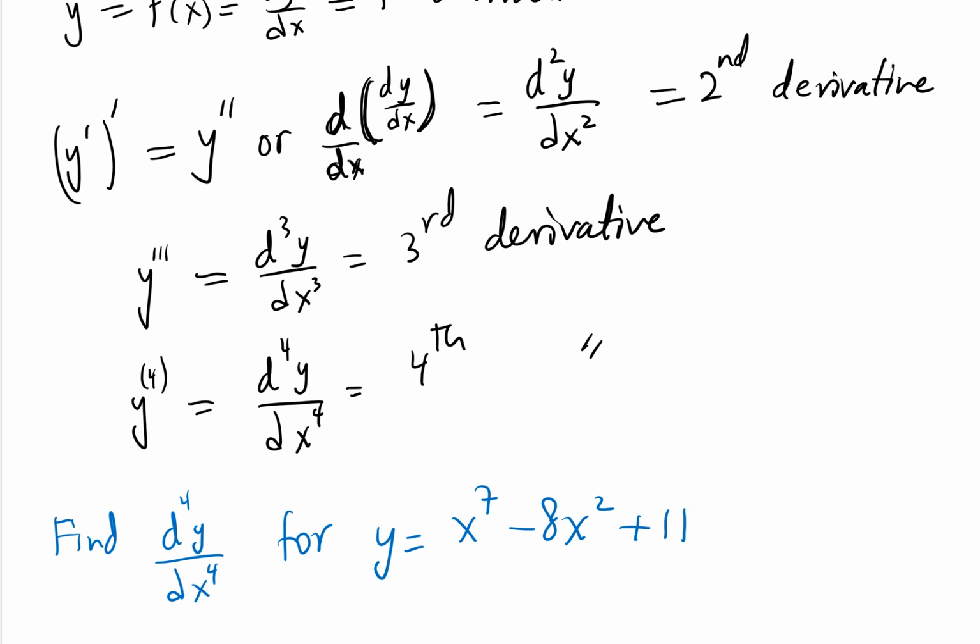So we're going to find the fourth derivative of this function, y equals x to the 7th minus 8x squared plus 11.